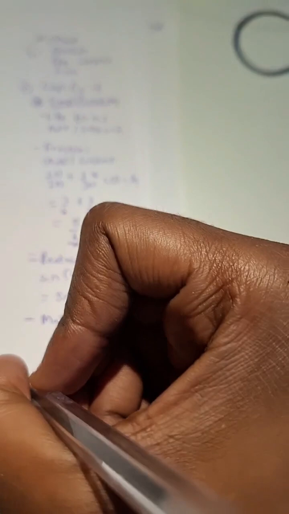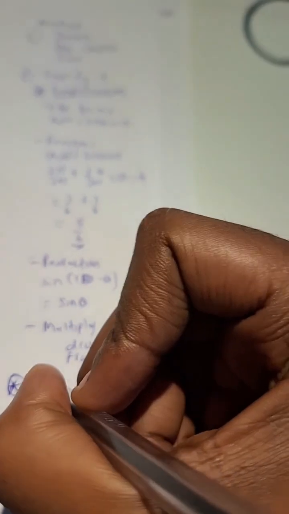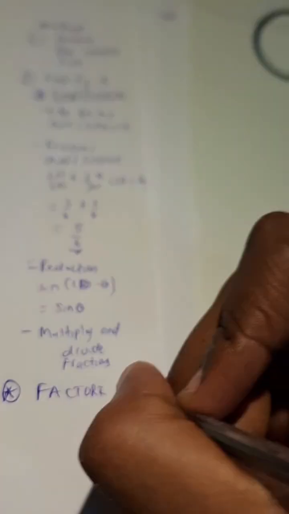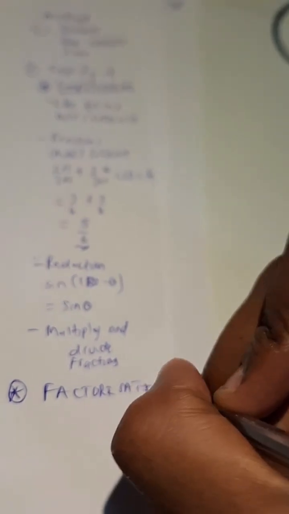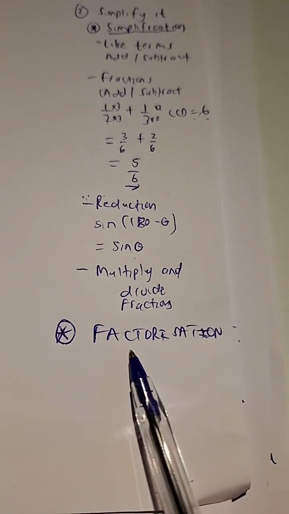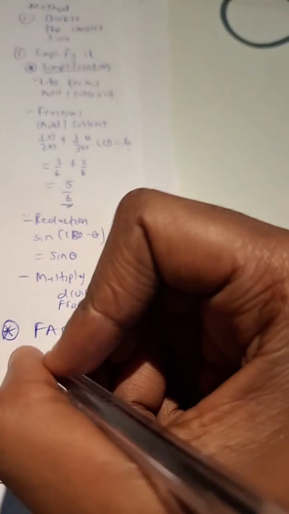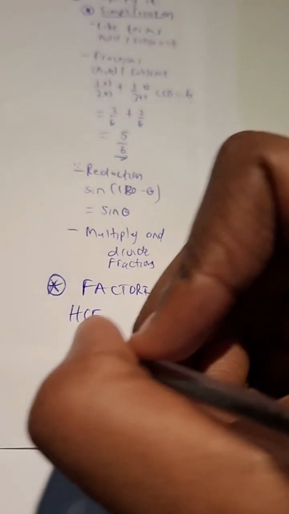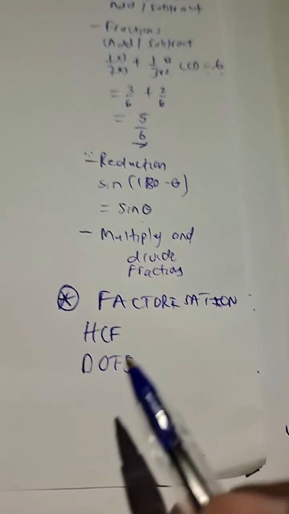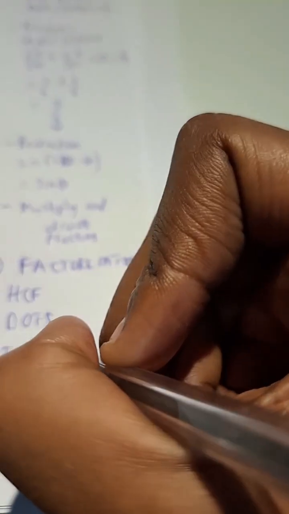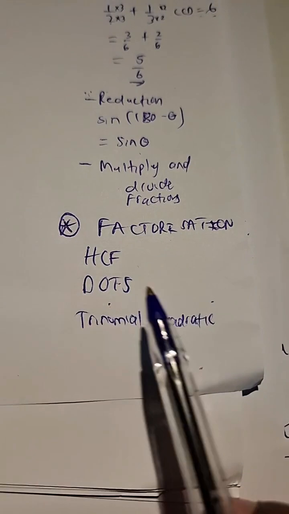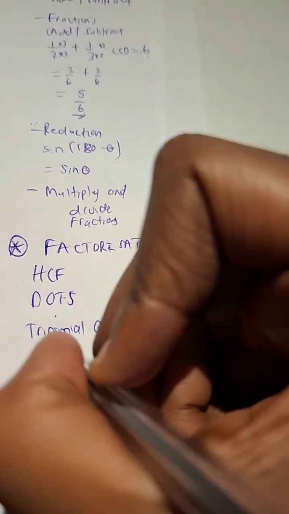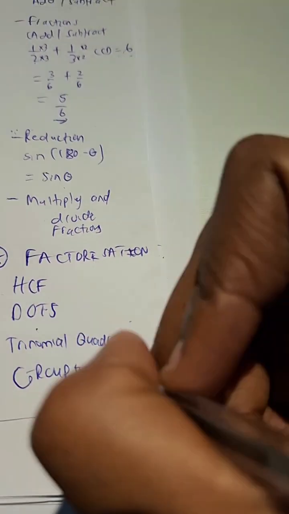The second strategy you can apply is factorization. So if after all simplification is done, you can then look at factorization. Now remember, in the previous grades, you learned about highest common factor factorization, difference of two squares factorization, quadratic trinomial factorization, and grouping factorization.